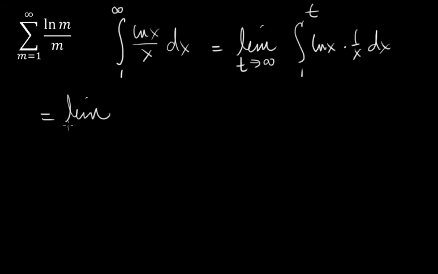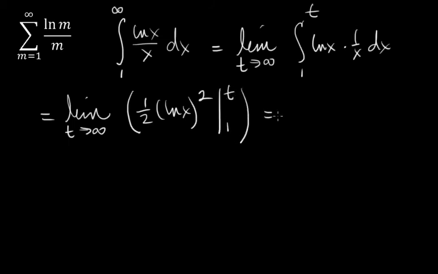So that is the limit as t approaches infinity of integrating, that was u du, so it's going to be 1/2 times natural log x squared evaluated from 1 to t, which will be, now we'll have a function of t. The limit as t approaches infinity of, and I'll bring the 1/2 out there again, we don't need to worry about that.